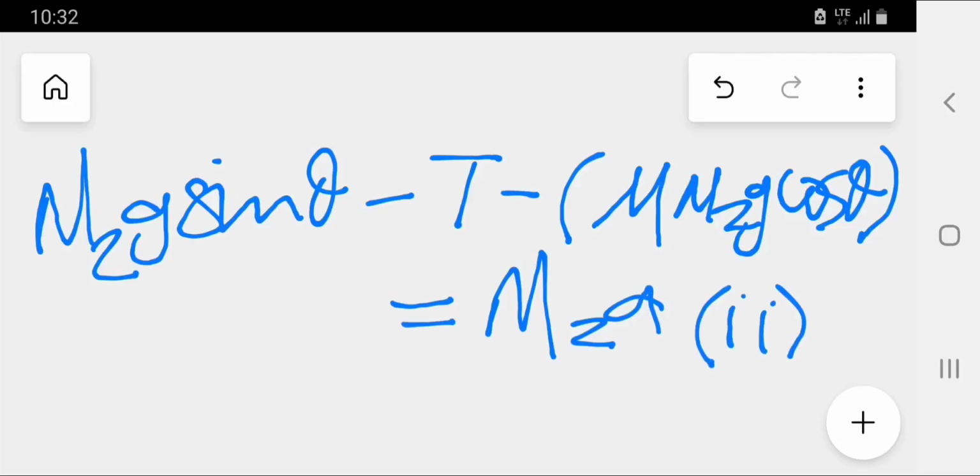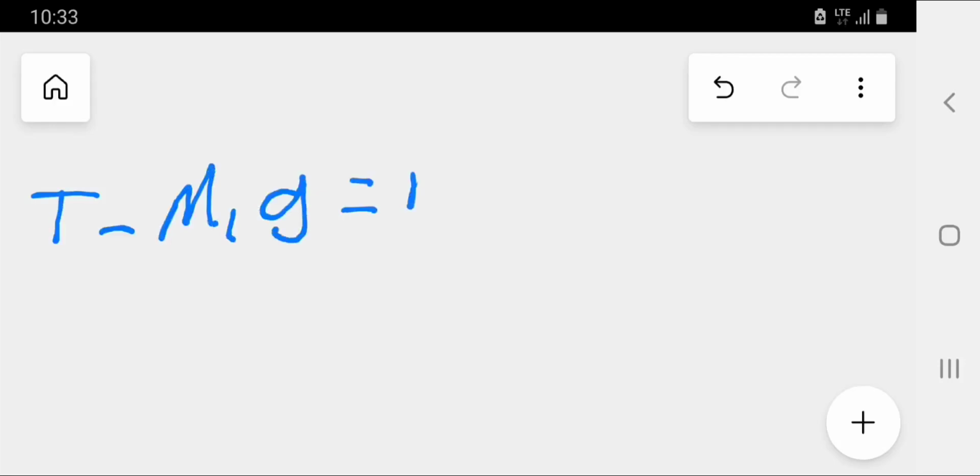From these two equations, we are going to add equation number 2 and equation number 1 together by equating them. For equation number 1, we have tension minus m1 times gravity being equal to m1 times acceleration.